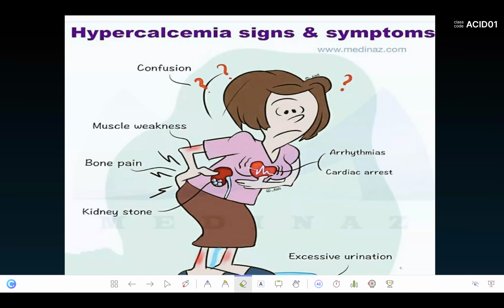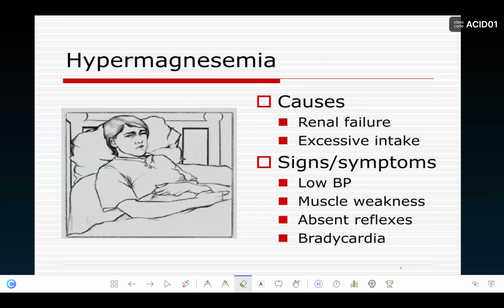Hypercalcemia. So with hypercalcemia, we get confusion, muscle weakness, bone pain, kidney stones, arrhythmias, and cardiac arrest, as well as excessive urination. Hypermagnesemia. Too much magnesium. So causes include renal failure and excessive intake. Signs and symptoms include low blood pressure, muscle weakness, absent reflexes, and bradycardia.